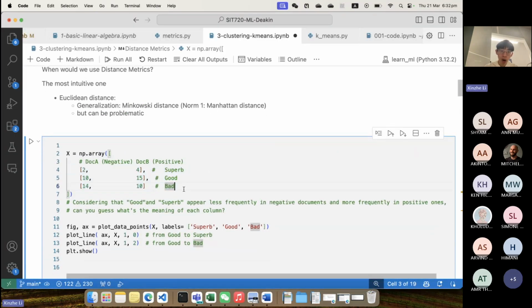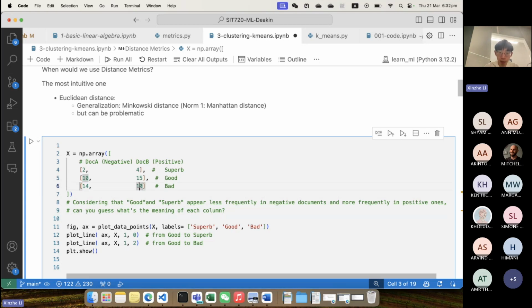You know how we make this representation makes sense, right? Super is a positive word, so it is relatively more likely to appear in a positive document compared to a negative one. Same for good, and bad is a negative word, so it is relatively more likely to appear in a negative document compared to a positive document, right?